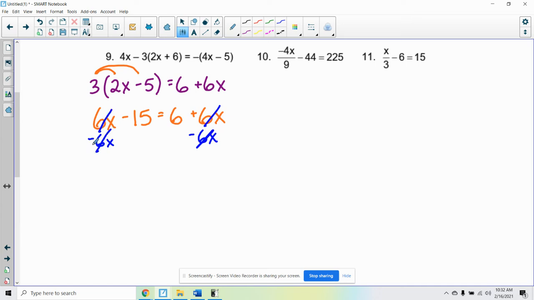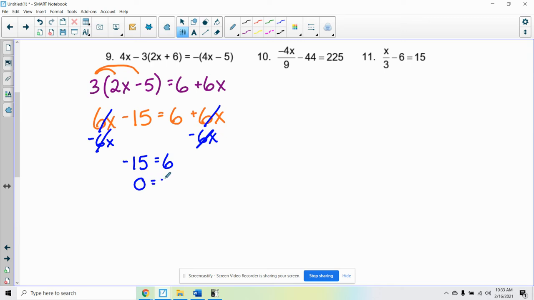Something minus itself is always 0. It's not 0x, it's just 0. You have 6 apples and you take away 6 apples, you just say you have nothing. You don't say I have 0 apples, you say I have nothing. So we're left with negative 15 equals 6. If you solved it differently, if you added the 15 first and then subtracted 6x, you would have ended up with something like this.